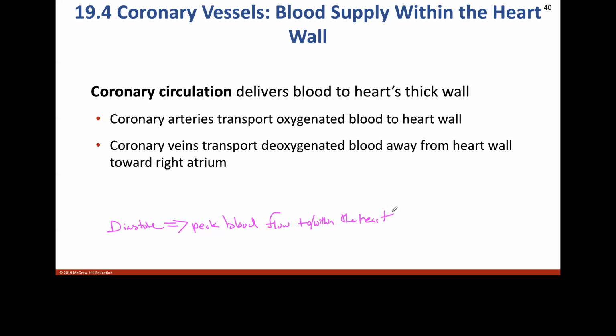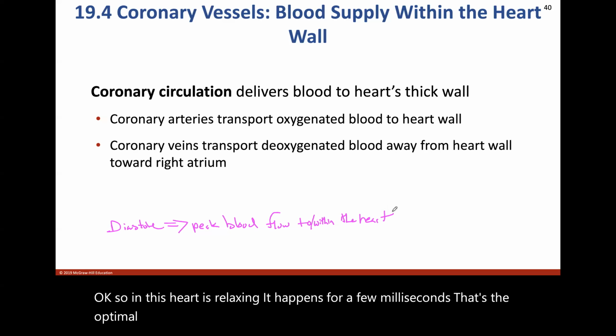Okay. So when this heart is relaxing, and it happens for a few milliseconds, that's the optimal time for blood flow to be flowing through all these coronary vessels.